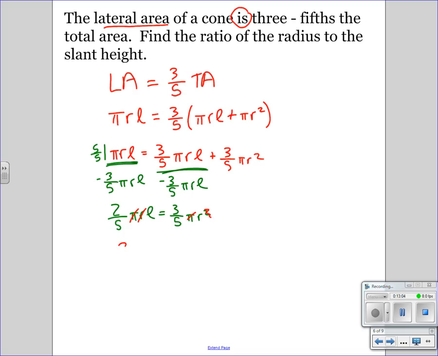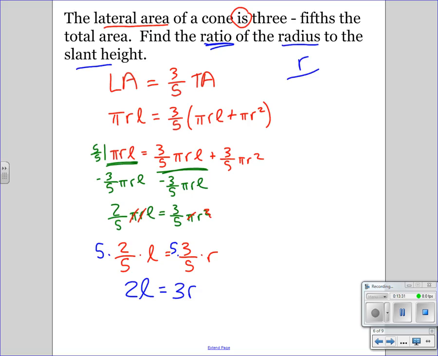So really I have 2/5 times the slant height equals 3/5 times the radius. If I multiply both sides by 5 to get rid of that denominator, I get 2 times the slant height equals 3 times the radius. Now I'm looking for the ratio, so a fraction, of the radius r to the slant height.